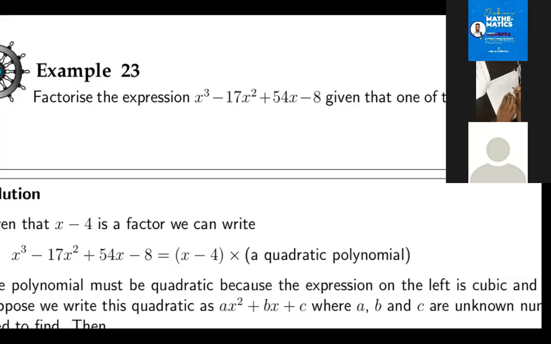And 54 times 1 is 54. So now what do I have? This is negative 16 plus 46, because 54 minus 8 is 46, right? Good.